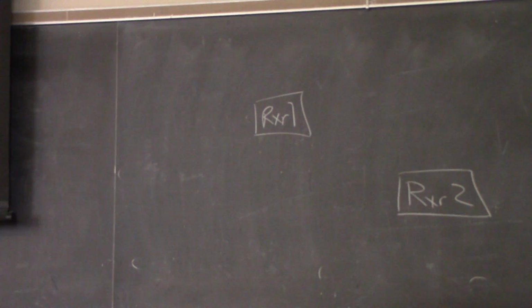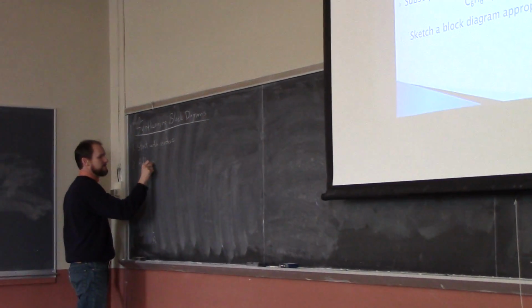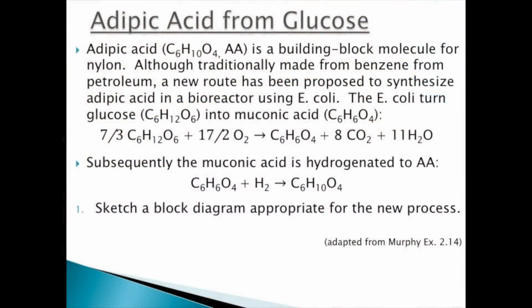Step 2, mixers before the reactors. What do we have to mix in these reactors? First reactor needs what? Glucose. And E. coli.